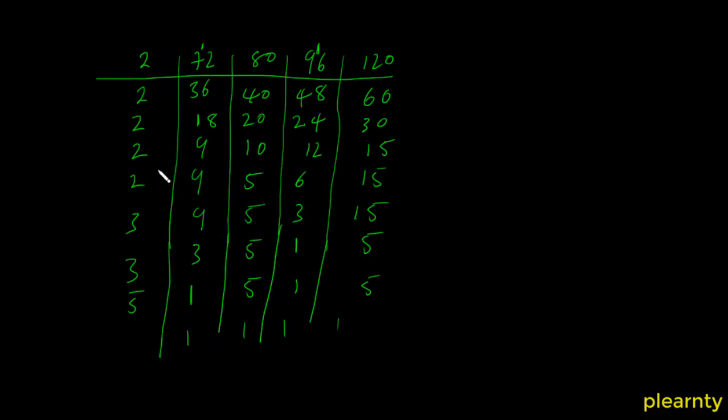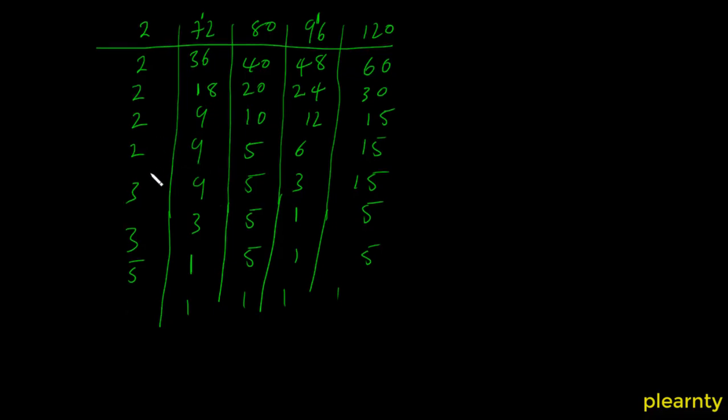To know the LCM of these numbers, all you have to do is multiply all these numbers together. So let's write it out. 1, 2, 3, 4, 5. We have 2 in 5 places. 2 times 2 times 2 times 2 times 2 times 3 times 3 times 5.